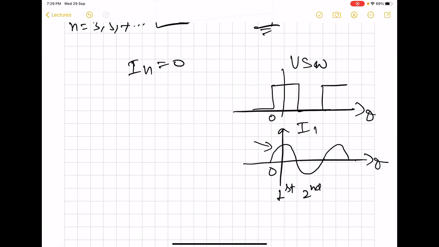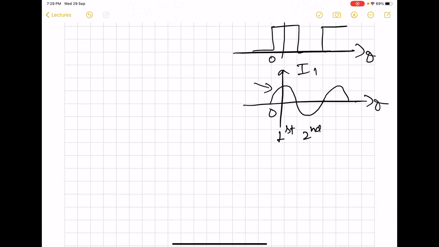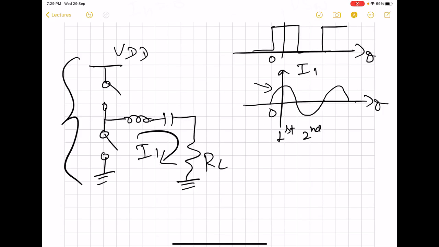Now how do these currents flow? Recall that the first equivalent circuit that we showed for the class D network is this. Here we have a current I1 like this, VDD. We have to see how this current flows through this switch network consisting of transistors M1 and M2.